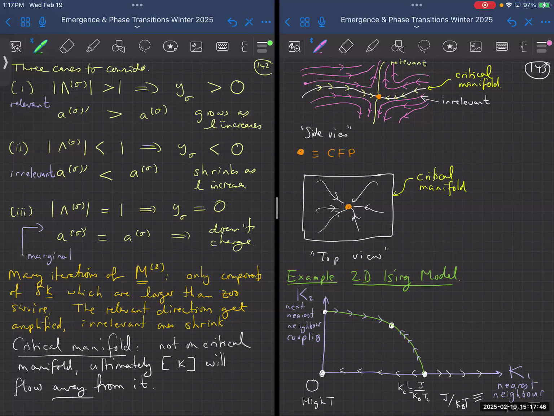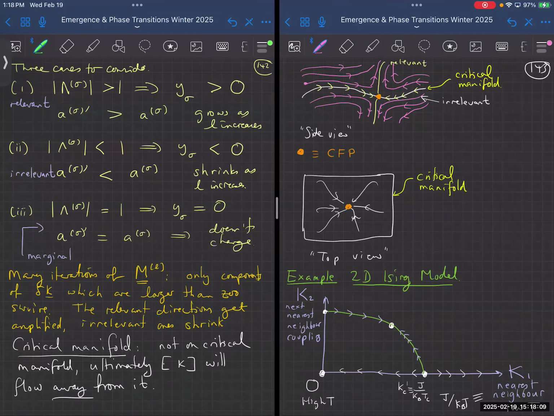I adjust those to special values so that I don't ultimately flow away from the critical fixed point. So the number of relevant variables tells me how many parameters in the lab I have to adjust, tune the dials on my machine in such a way that I get to the critical point. So we know there's got to be two of them.